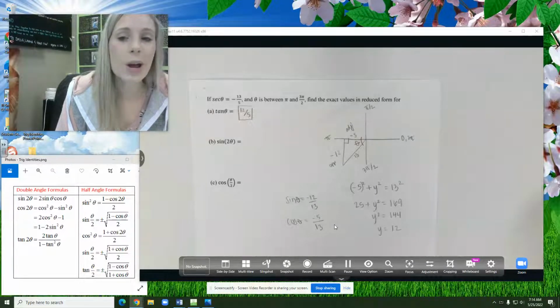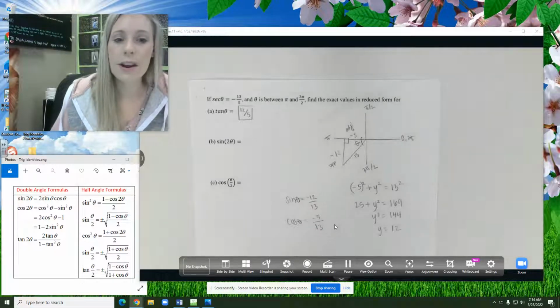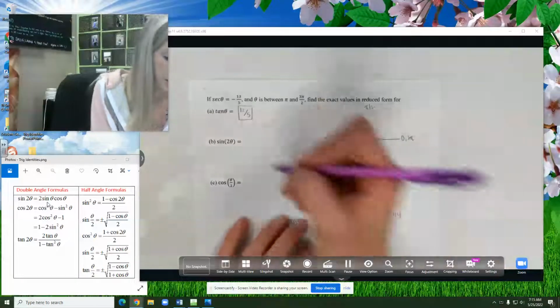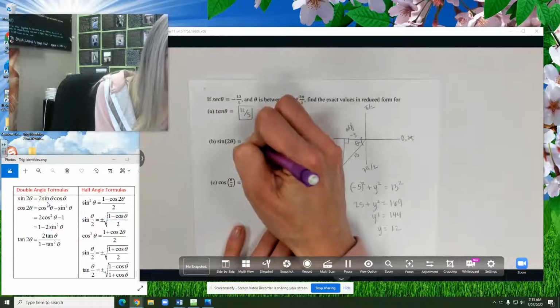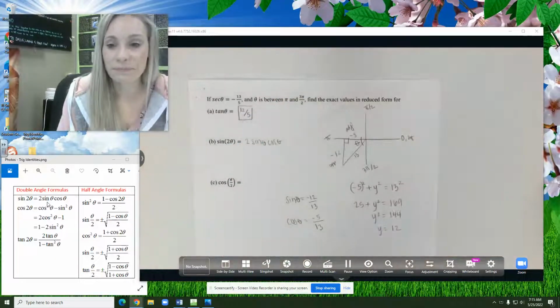So part B says, what is sine of 2 theta? Well, that's a little bit different, but if you look down here in the left-hand corner, I've got some formulas. The very first one on here is sine of 2 theta. Sine of 2 theta is the same thing as 2 times sine of theta times cosine of theta.